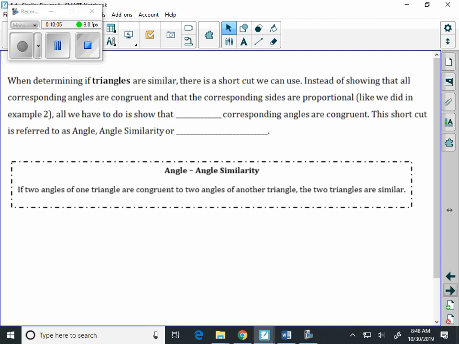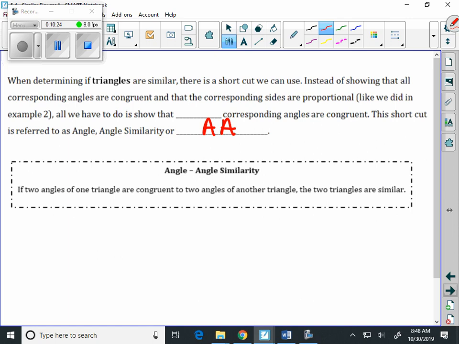I'm not even going to fill in a blank here. We need to show that corresponding angles are congruent, and this shortcut is referred to as the angle-angle similarity, or AA for short.